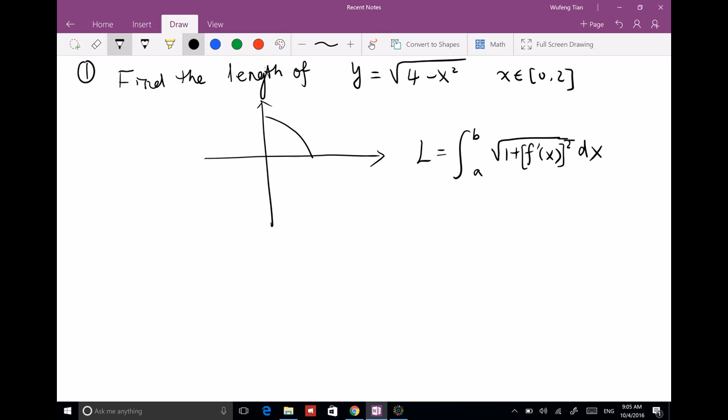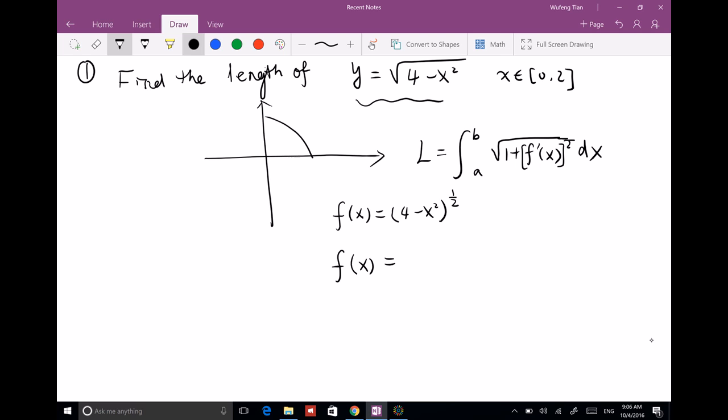We take the derivative of this function. So f of x equals 4 minus x squared, square root is the 1/2 power. Yesterday Luke helped me find the derivative of this one.